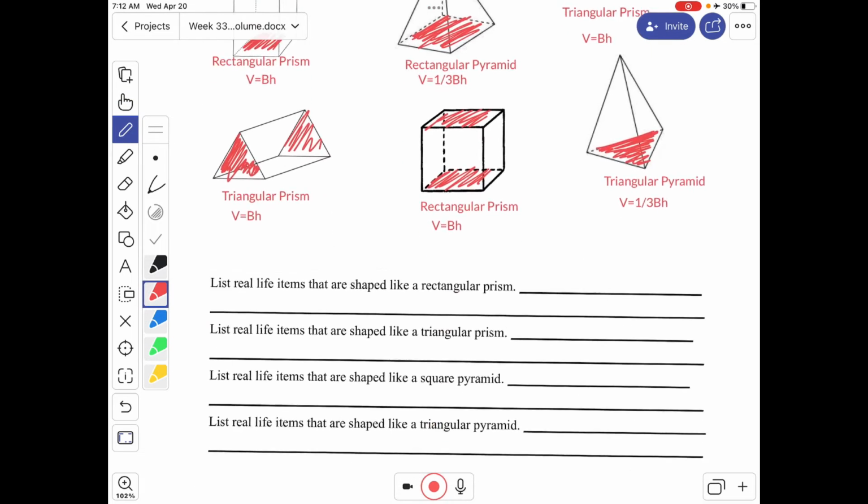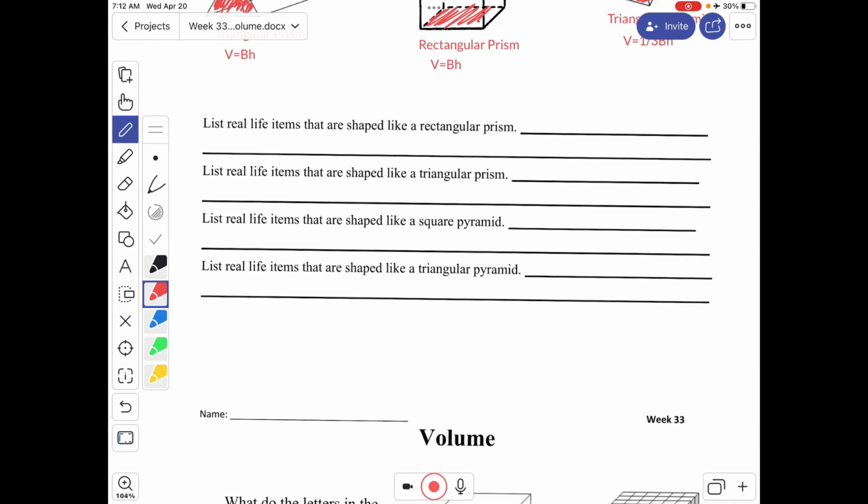Now let's list some real life examples of these, because when you're looking at them in STAR problems, they talk about real life shapes. So look around the classroom and see if you can find a rectangular prism.